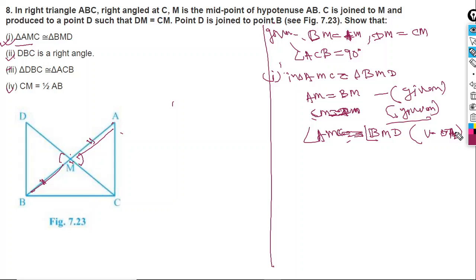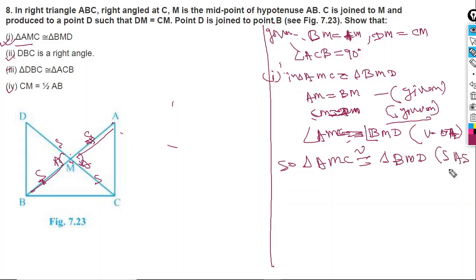Now we can say these two triangles are congruent because of side angle side. So triangle AMC is congruent to triangle BMD. Reason is side angle side. Okay, so we have proved the first part.